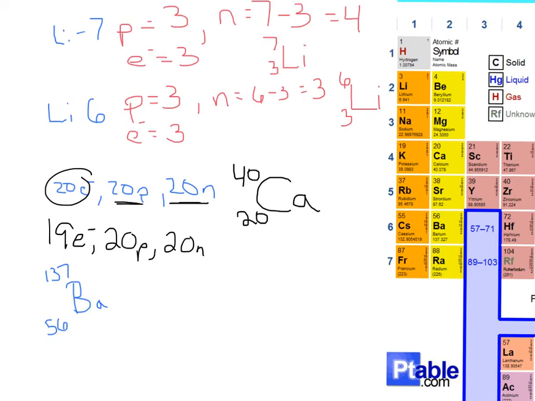Something that we did mention before is that an electron has a negative charge of 1 and protons have a positive charge of 1. You would take 20 and subtract the number of electrons. It would be 20 minus 19. That would give us a positive 1 charge. There's one more plus 1 charge than there's minus. So this would be the same exact notation because the number of protons is the same, but we're going to add a little plus 1 for the charge. So that wouldn't be a calcium atom anymore, it'd be a calcium ion.